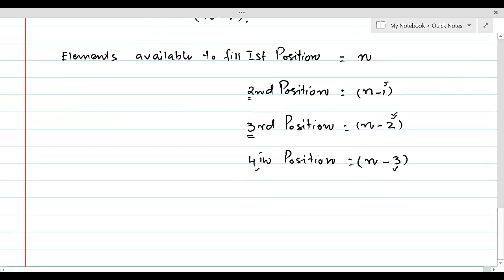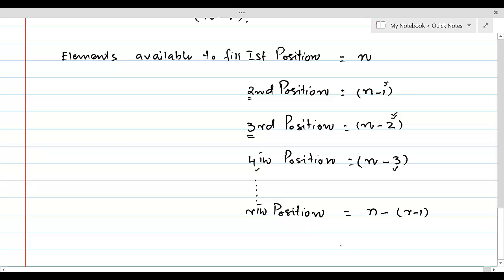So clearly, if we continue with this pattern and we want to fill up the rth position, then what should be subtracted from n? We should subtract a number 1 less than r, which should be r minus 1.